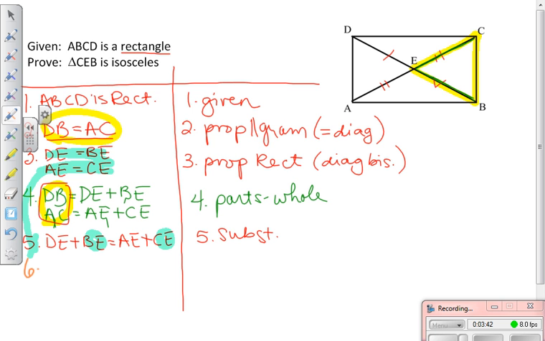Right here, I know I have some potential substitutions. So step 6, I want to rewrite this in terms of, I really have too many variables. So DE and BE are the same, so I'm going to replace this one and say BE plus BE is equal to AE and CE are the same, so I'm going to replace this one, CE plus CE, substitution again.